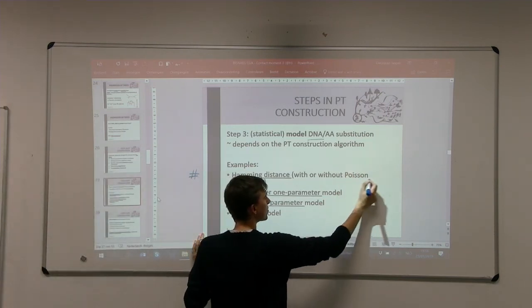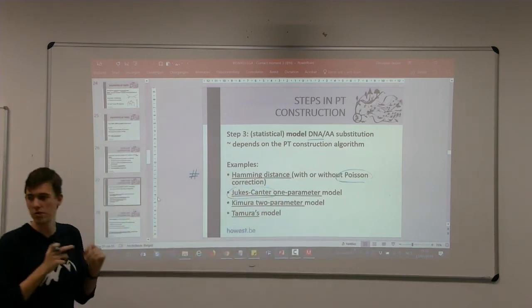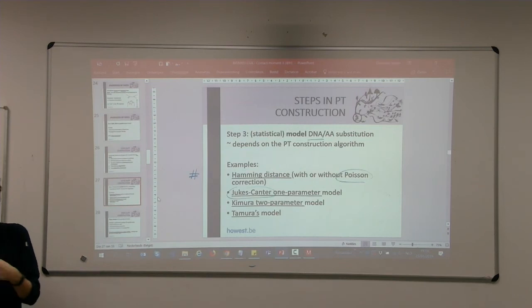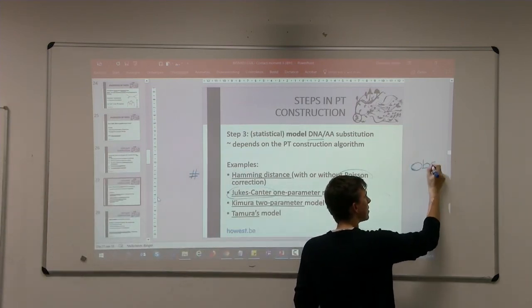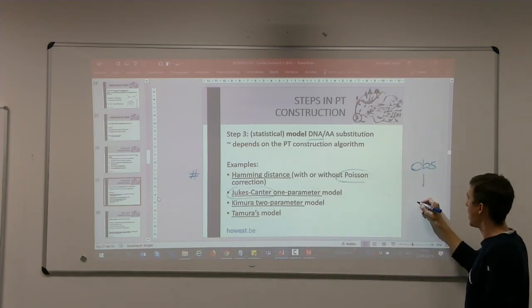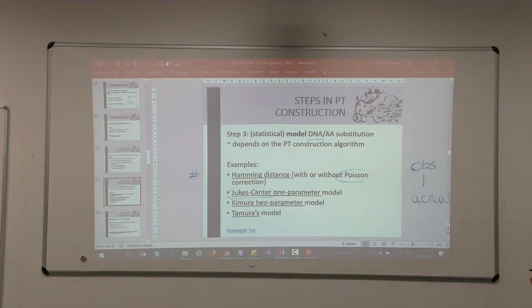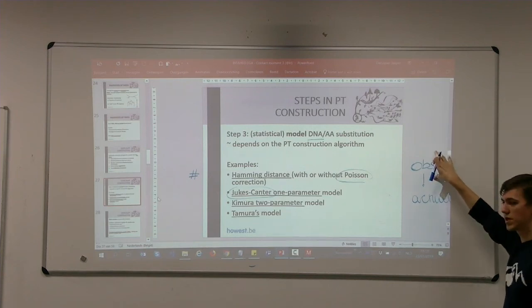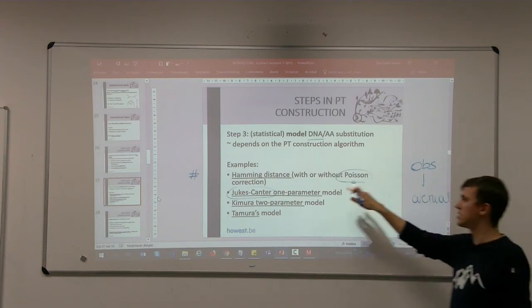This you can do, for example, with a Poisson correction, or with the Jukes-Cantor model. The Jukes-Cantor model also takes into account that there is a relationship between the number of observed mutations and the actual number of mutations. So this is not the same. We observe fewer mutations than are actually happening, or have been happening, in our sequences. And therefore we need these corrections.